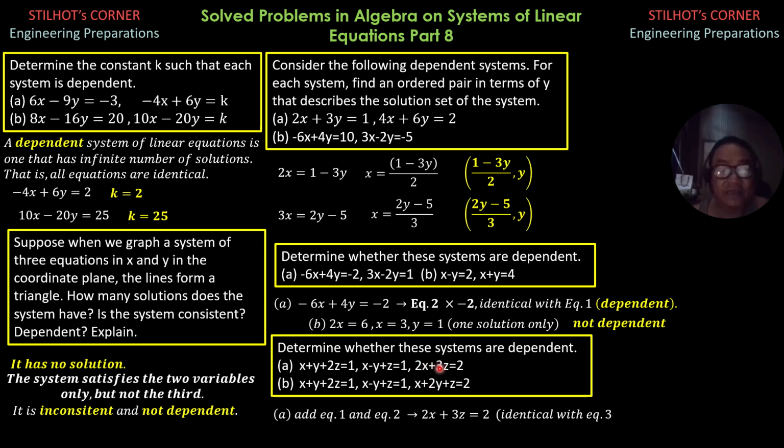So therefore, it is dependent. While if we add equations 1 and 2 for part B, we have 2x plus 3z equals 2, and it is not identical with the third equation, therefore it's not dependent.